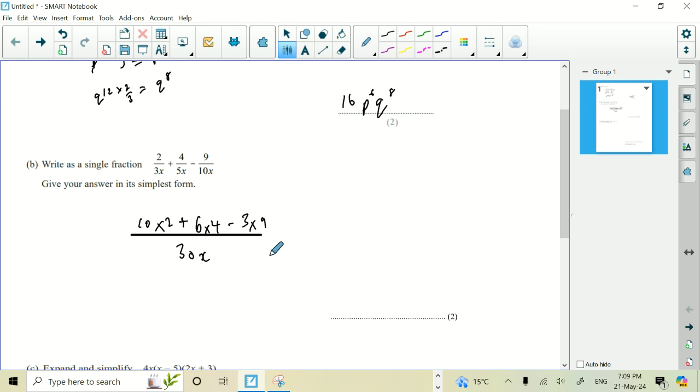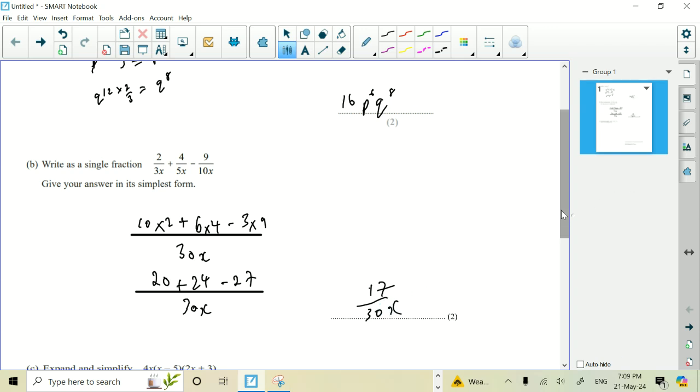So if I tidy that up, I've got again here 30x in our denominator, and 20 plus 24 minus 27. So the answer then will give me 44 minus 27, which is 17 over 30x.